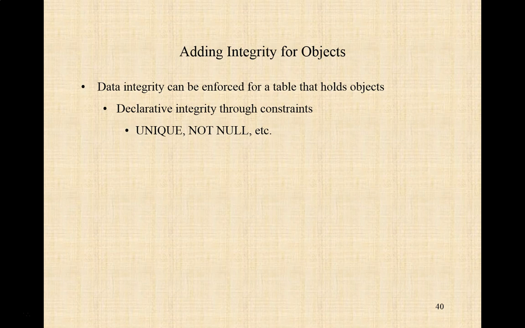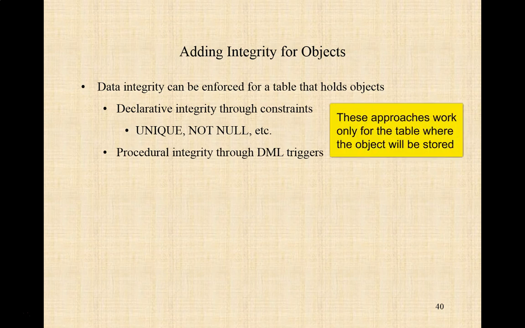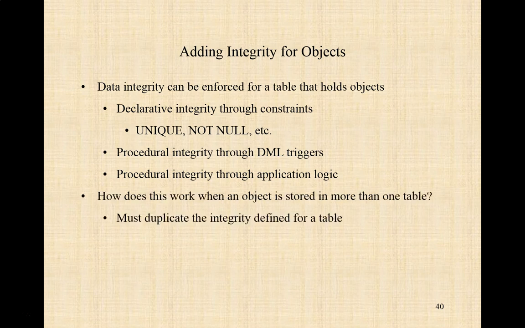This works well for objects that are persistent. However, such mechanisms apply only to that target table. Furthermore, if we were to use procedural integrity, say DML triggers, again, the trigger is associated with a specific table. We could extend this a bit if we took procedural integrity and enforced it through an application.